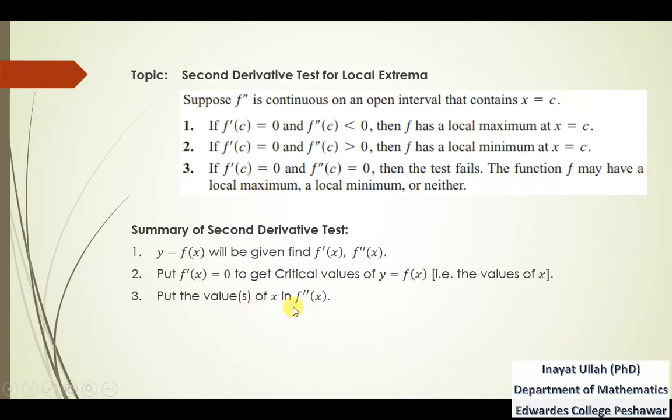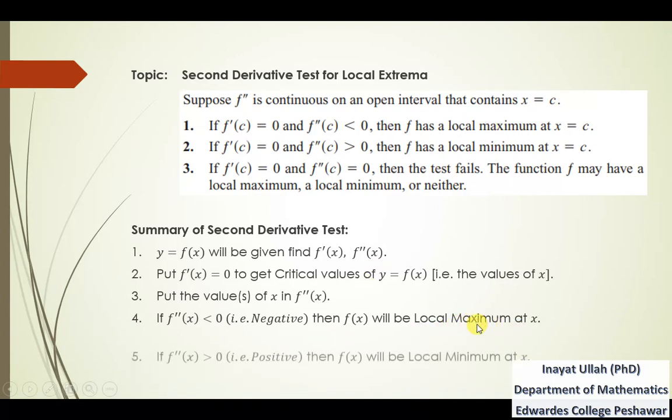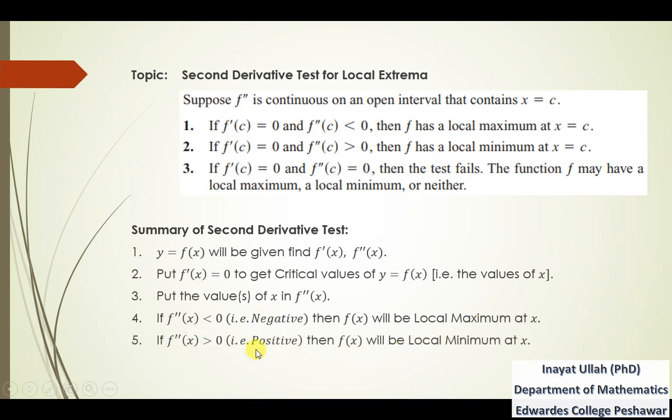If the second derivative is negative here, then the function has a local maximum at x, and whenever the second derivative is positive, then we say that the function has a local minimum value, and whenever the second derivative becomes 0, then we say that the function may or may not have local extrema. So that is the second derivative test.